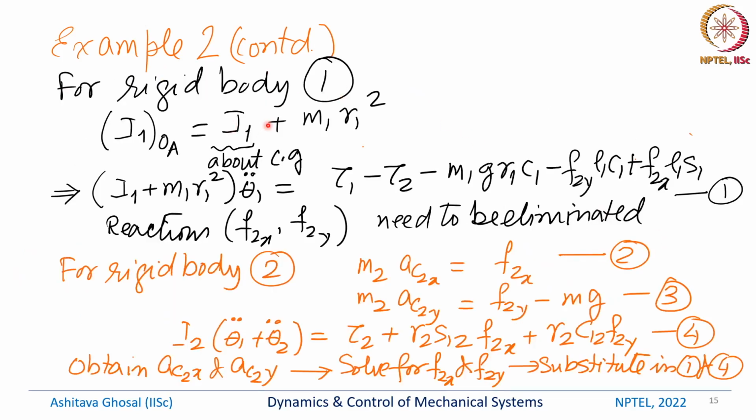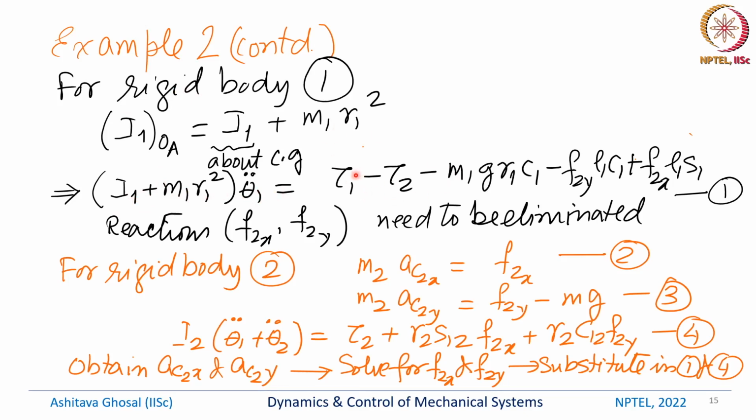So for rigid body 1, the inertia matrix about OA is nothing but I1, which is the inertia matrix about the CG, plus M1R1 square. So this is the parallel axis theorem. And then we can rewrite the Euler's equation as I1 plus M1R1 square into theta 1 double dot.